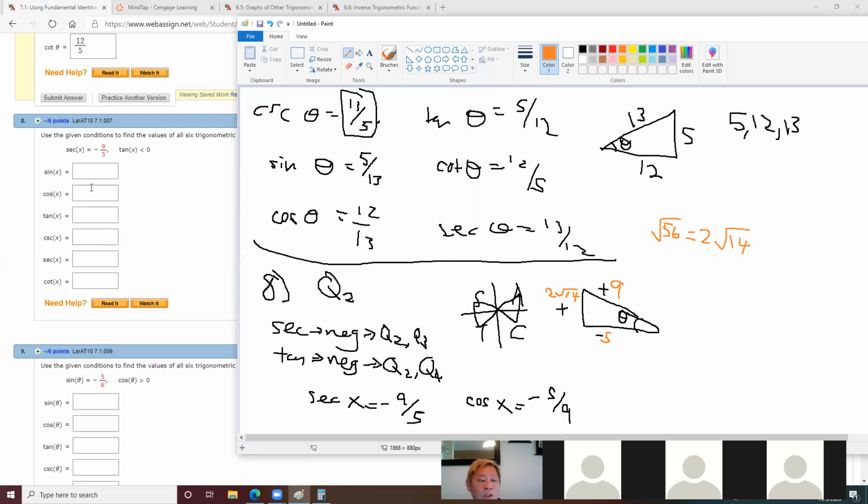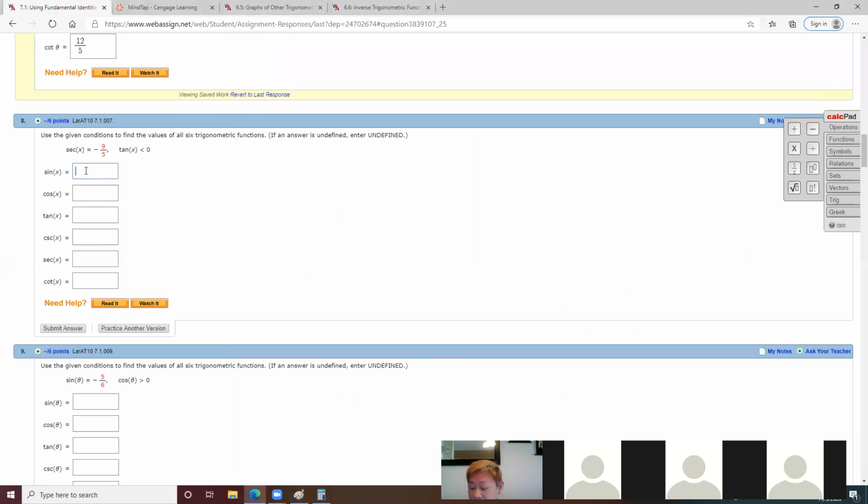Then after that, I think you know how to do your SOHCAHTOA with sine, tangent, and so on, right? So this is pretty straightforward. The most important part about this kind of question is to figure out what quadrant it belongs to, because if you give me the wrong quadrant, your signs are all going to be messed up. In quadrant 2, which one is positive? Sine is positive in quadrant 2, and which one else is positive besides sine?